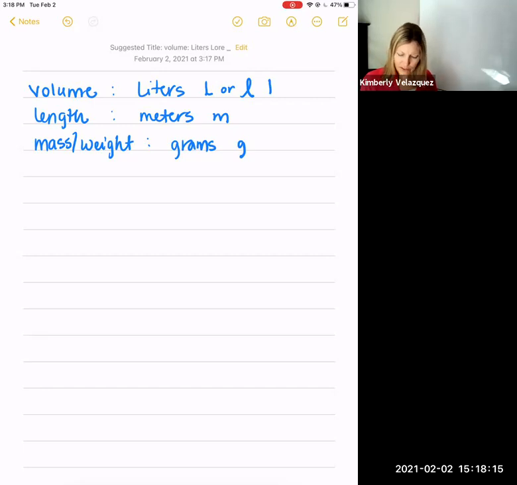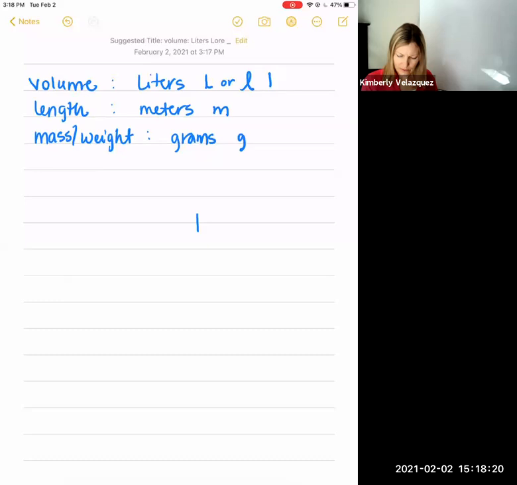I'm going to draw sort of a number line. So if these were my base units, or my standard units, meaning 1 liter, 1 gram, or 1 meter. To make the base units bigger, the only one you need to know is kilo, abbreviated with the letter K. And it's 1,000 times bigger than the base units.